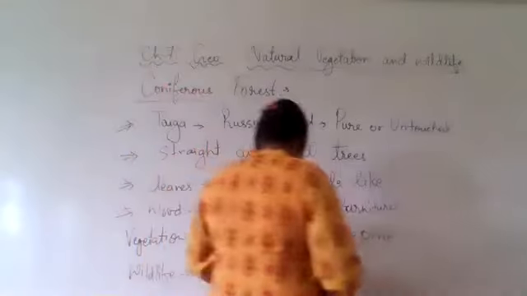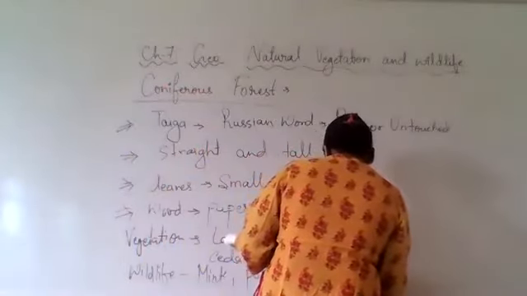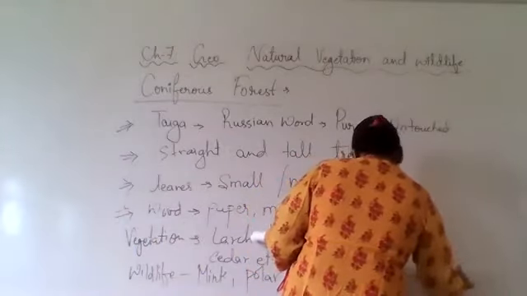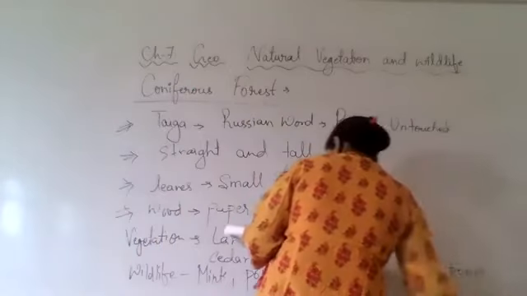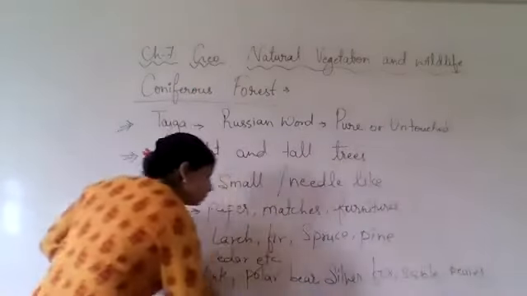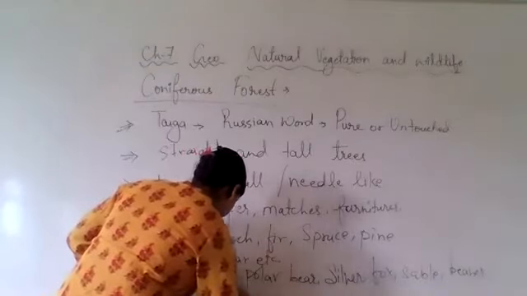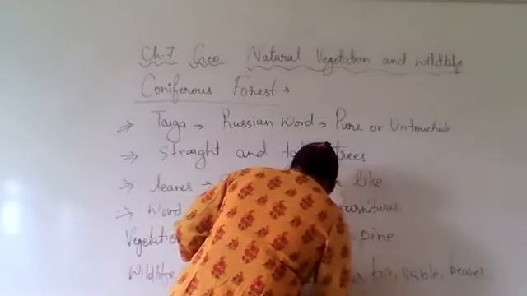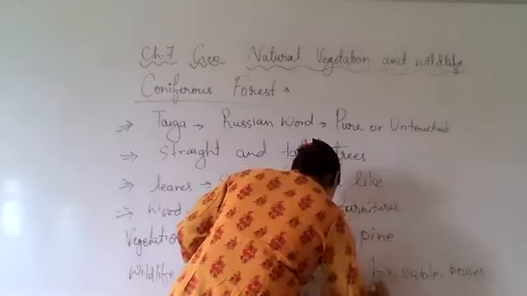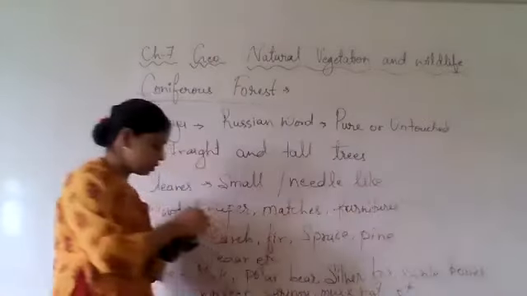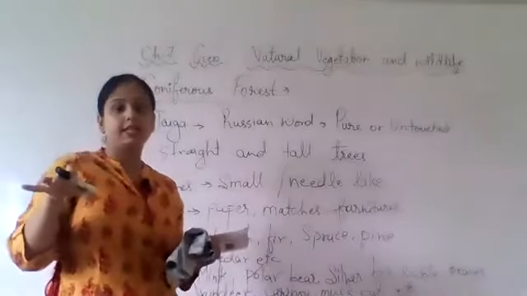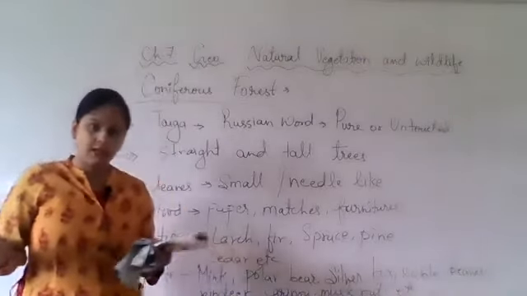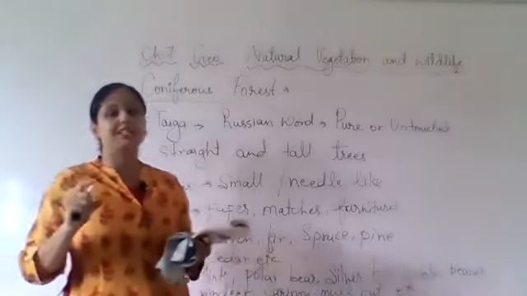So you will find polar bear, silver fox, sable, beaver, reindeer, caribou, mouse, rabbit. So these kinds of animals which you find in the cold regions, you can find in the coniferous forest, right? The animals which we find in the cold regions.